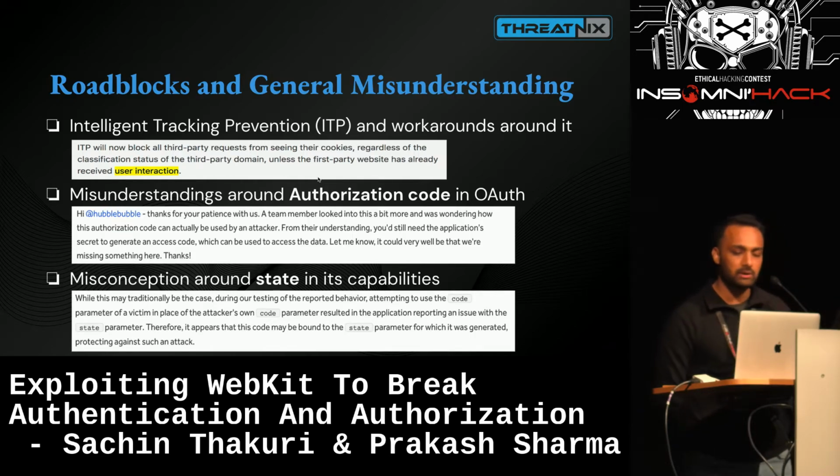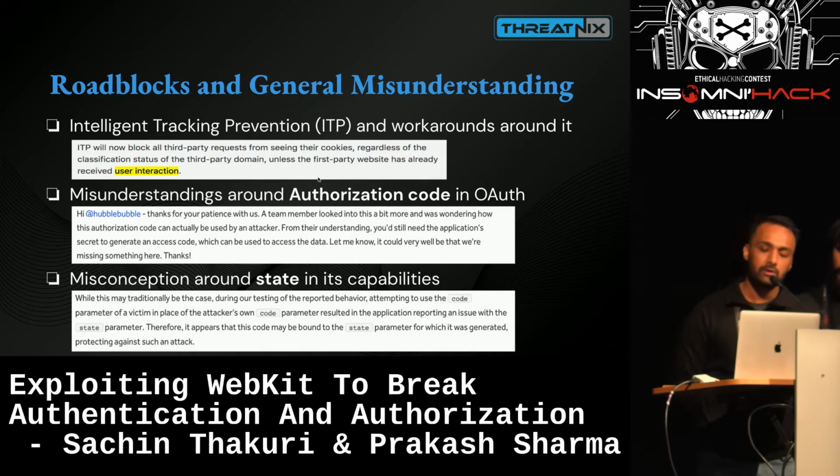ITP uses a machine learning model to detect cross-site tracking capabilities and aims to reduce them by taking different actions such as full third-party cookie blocking, reducing the accessibility and longevity of first-party cookies, local storage capping and deletion, downgrading third-party referrers, and more. And due to the nature of the attack, where the bug relied on making third-party requests, ITP rendered the attack unusable on the latest version of WebKit.